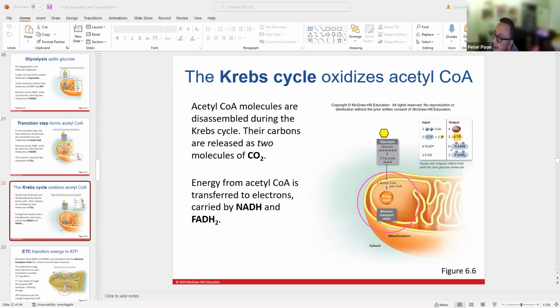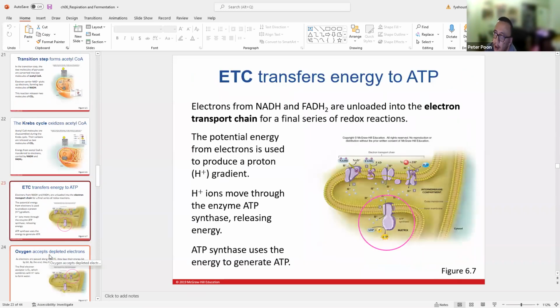I generate 6 NADHs and 2 FADH2s. So now I have a whole bunch of NADHs and FADH2s. In my next recording, I'll go over exactly how many.